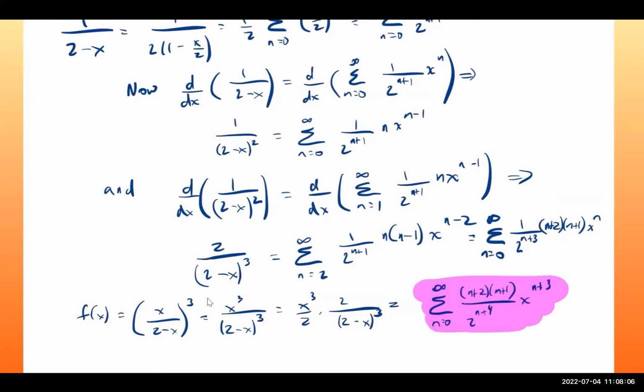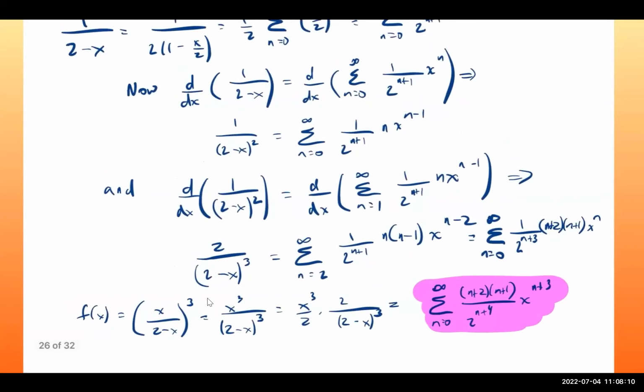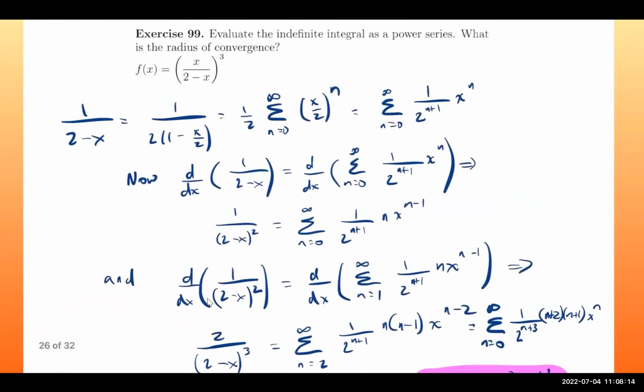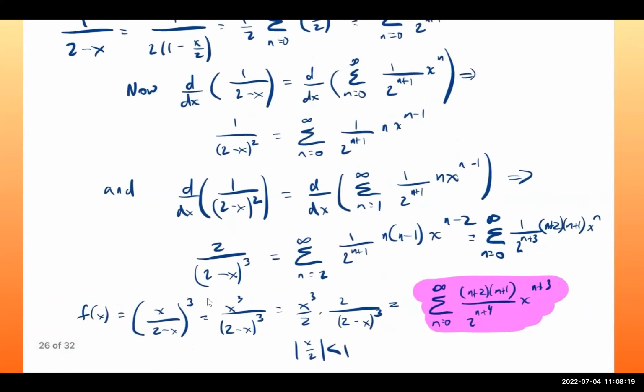That is the answer. And our radius of convergence, because x minus 2 over 1 must be x over 2 absolute value, because of this part, that's how it's going to be when it'll be convergent. Converges when that's true.